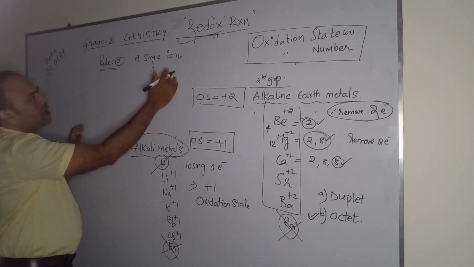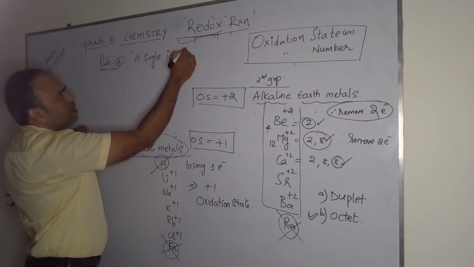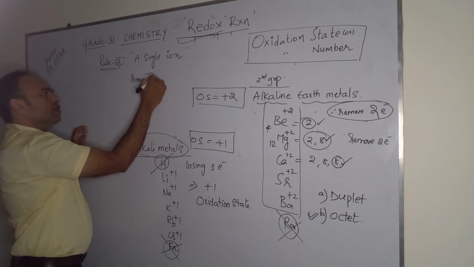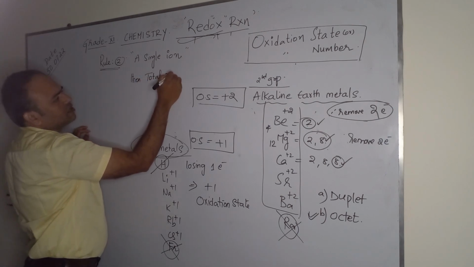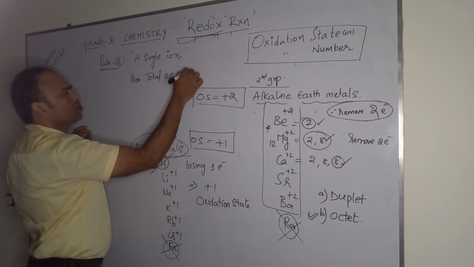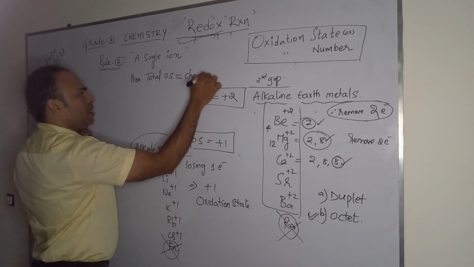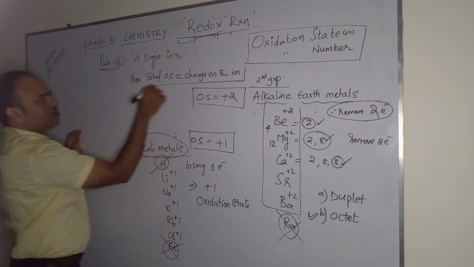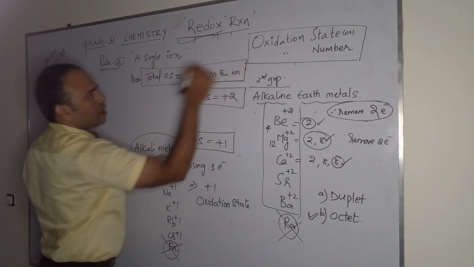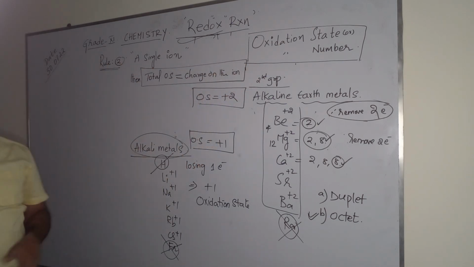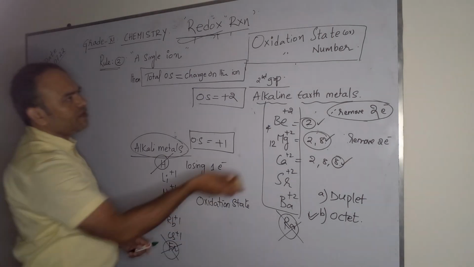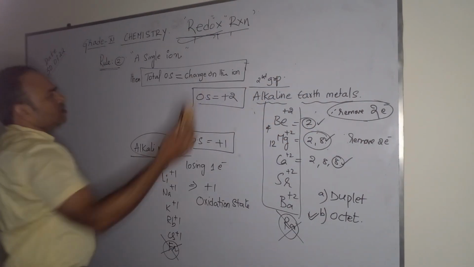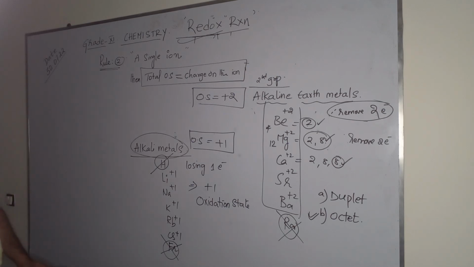So if you have a single ion, then the total oxidation state is equal to the charge on the ion. Simple statement. If you have a single ion, the total oxidation state is equal to the charge on the ion.